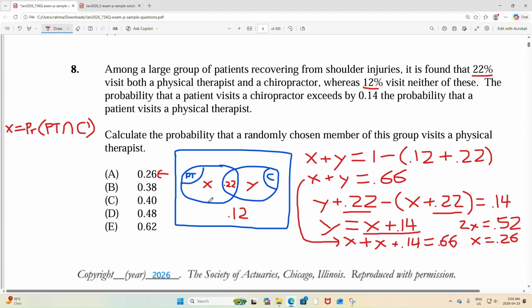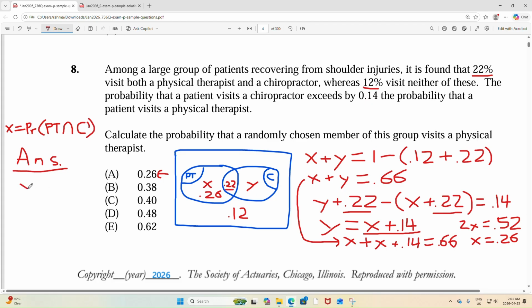So if we want everybody who visits a physical therapist, the answer is not going to be the 0.26. This region here is 0.26. But we also need to account for those that visit a chiropractor as well, which is this 0.22.